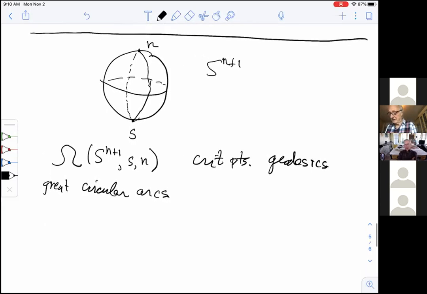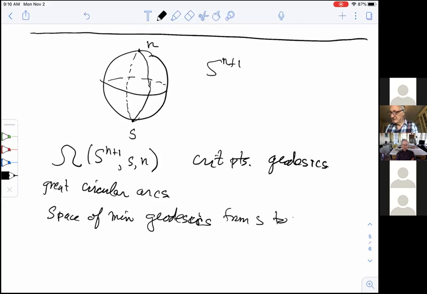Yeah. So let's think about the space of minimal geodesics from S to N. It's pretty clear what those are. These are half great circles, because any other geodesic is longer.